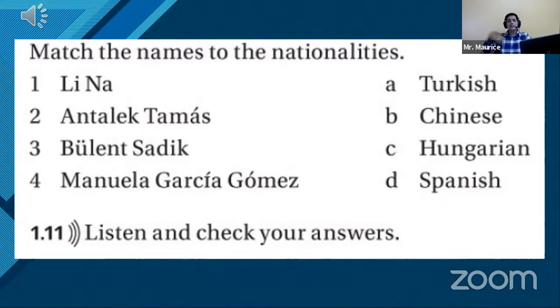Mister, the number 3. Where is Bülent Sadık from? Mr. Jordi, where is Bülent Sadık from? I mean the country.